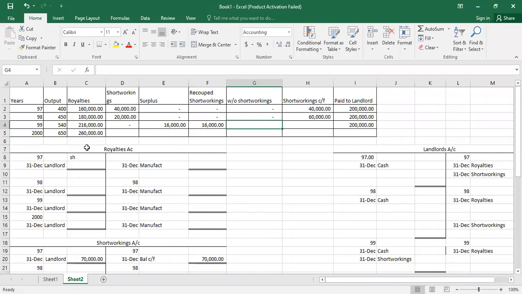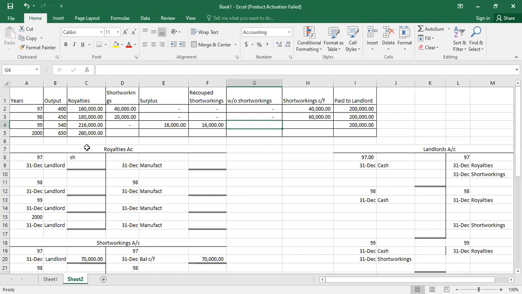Part C is saying, should short workings arise in any year, a right to recoup such short workings in the following 2 years. So we had 44. Why 44? It is only year 97 that has attained that condition. Year 98 is not yet.